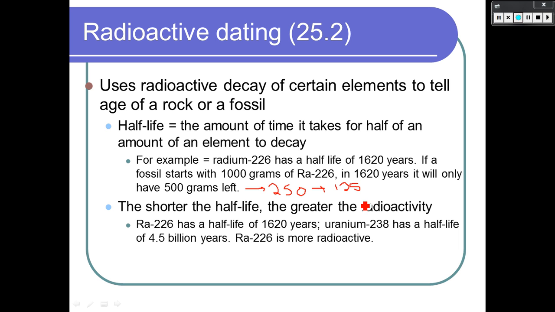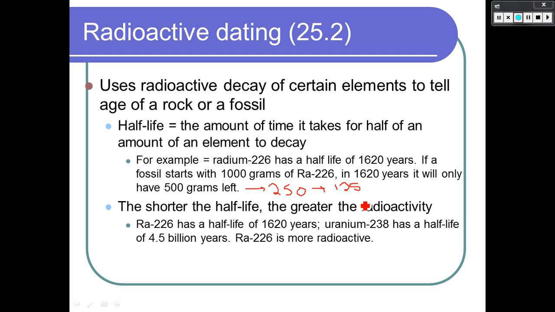But a lot of us think, well, but uranium, isn't that so radioactive? Isn't that what we use in bombs? Why wouldn't we use radium? It seems more radioactive. Remember that that's natural decay. So if you took a chunk of uranium and set it down in the middle of a community, obviously you wouldn't want to be around it anyway, but it would take billions of years for half of that uranium to decay. 4.5 billion years to be exact.